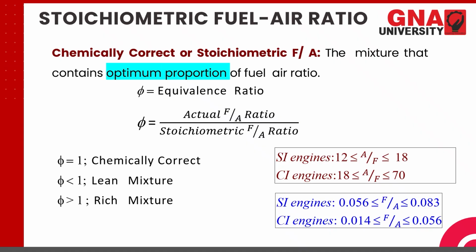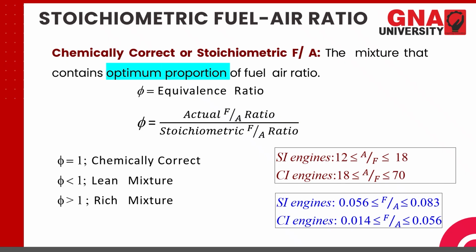So phi is equal to 1 for chemically correct ratio. So phi is less than 1 for a lean mixture, because the actual fuel air ratio will be lesser than the chemically correct fuel air ratio. Similarly, phi will be greater than 1 if it is a rich mixture.